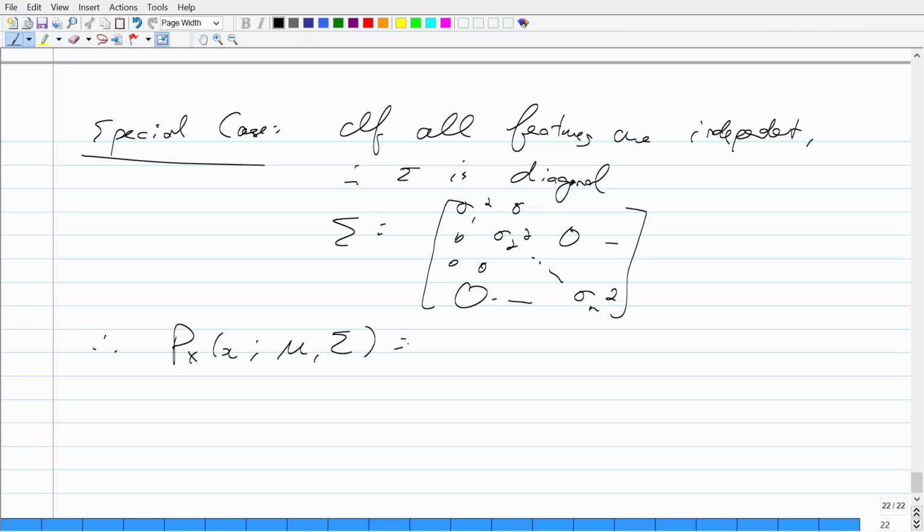If it does this, it simplifies to the following. So this becomes a product of individual Gaussians.